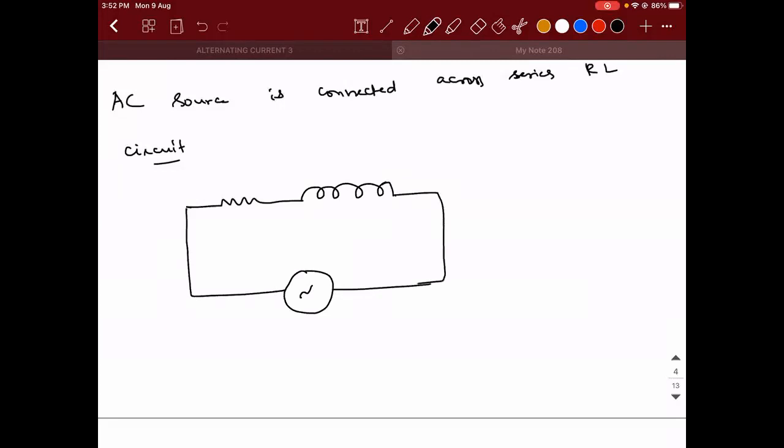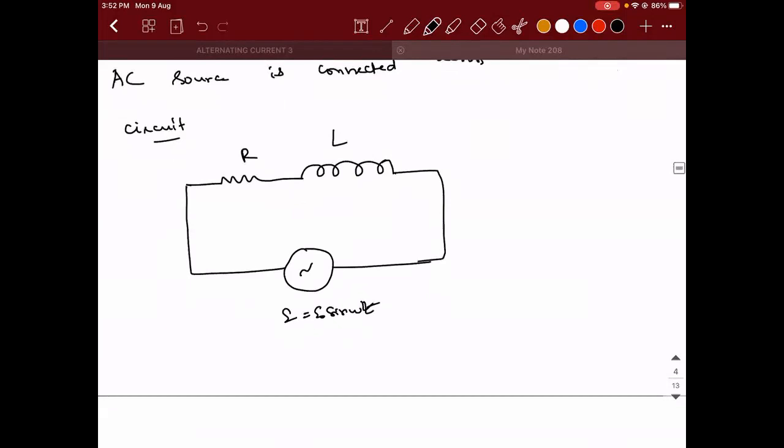That's right. But how is the phasor diagram going to be? E will be equal to E naught sine omega t. This is R, this is L. So how will we start? I will start with current. If the current across the resistor is IR, how is the voltage with respect to the current in the resistor? It is in phase, so they both will be parallel. Now with respect to the current across the inductor, how is the voltage? Go check the phasor diagram for an AC source connected across an inductor and tell me.